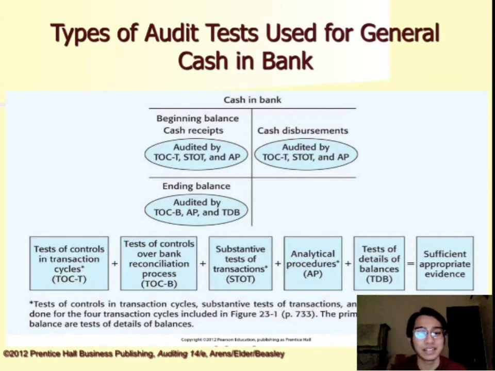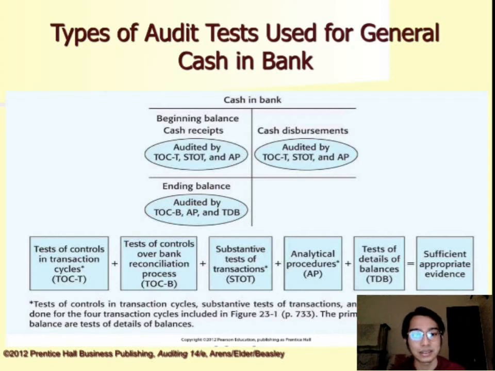As stated in the cash in bank T account, for the beginning balance, the cash receipts will be audited by TOCT, which is the test of controls in transaction cycles, and STOT, which is the substantive test of transactions, and also by AP, which is analytical procedures.